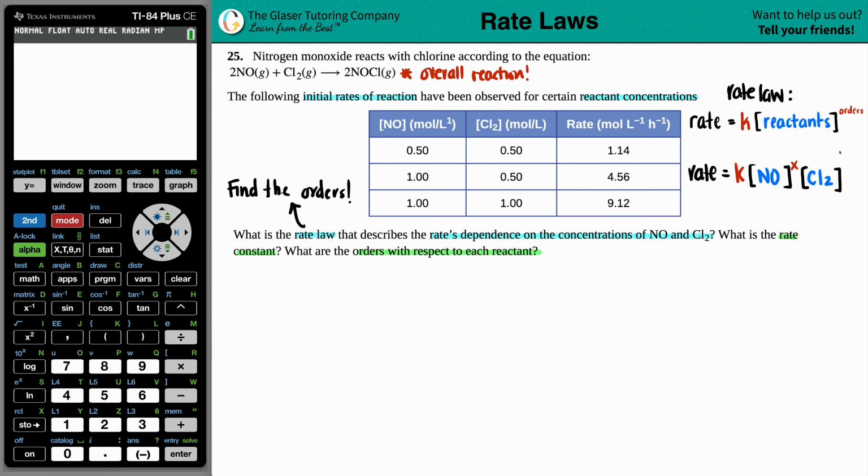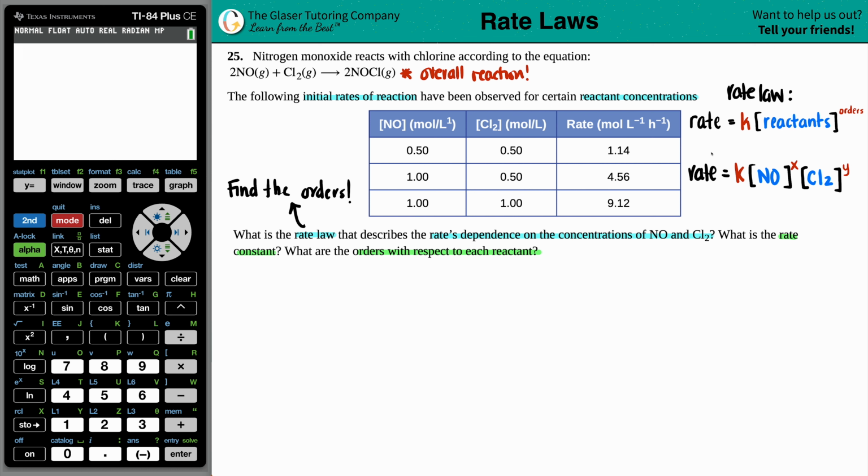So I can't label it as the same variable. I'm going to choose a different letter. It doesn't matter what letters you choose, A, B, C, D, whatever. I'll just choose X, Y. And now here is the generalized rate law. We need to find those values because once we find them out, we can plug them in, and that is your rate law. That would be the answer to the first part.